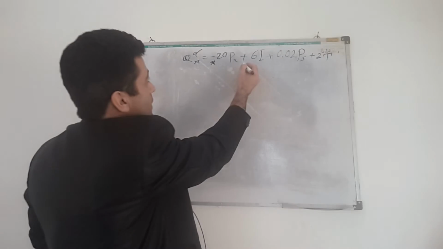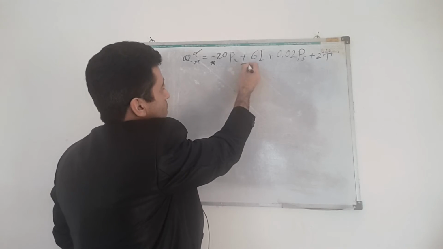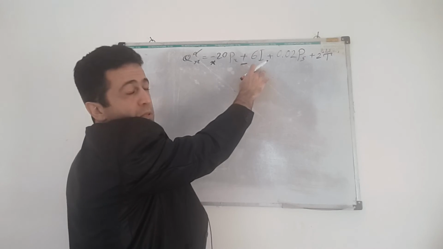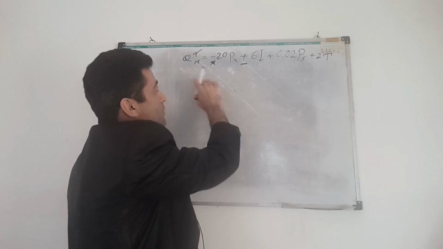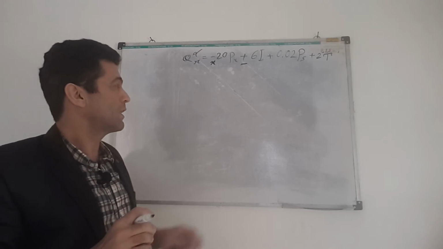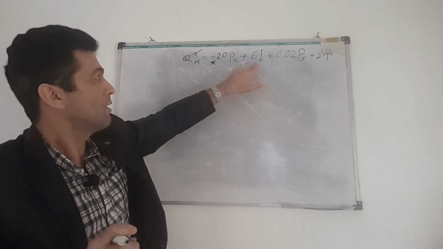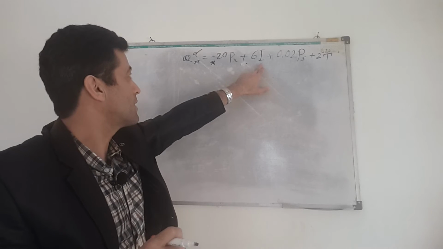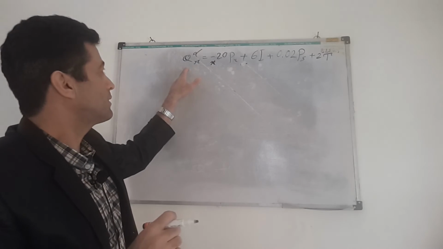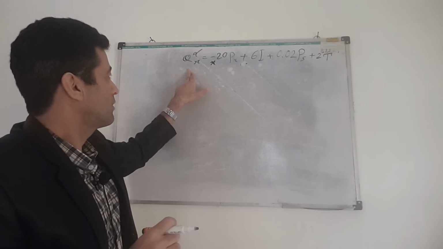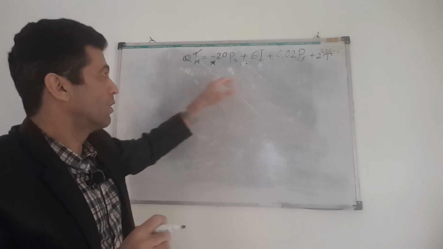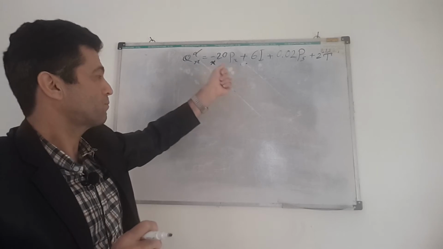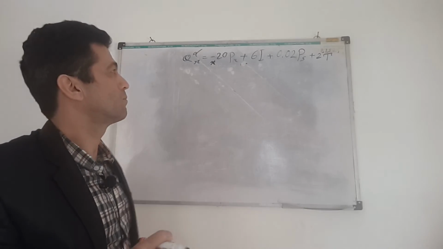Here, the sign is positive. There's a positive relationship between personal income and the quantity of demand for that good. It means when the income increases, the quantity demanded also will increase. So this good, the good X, is a normal good.